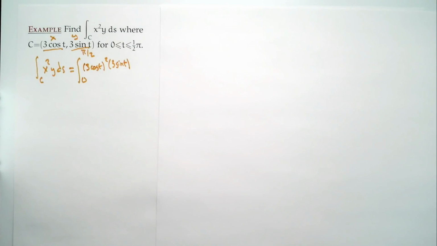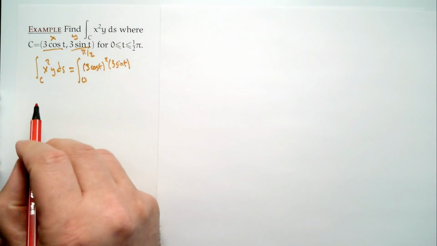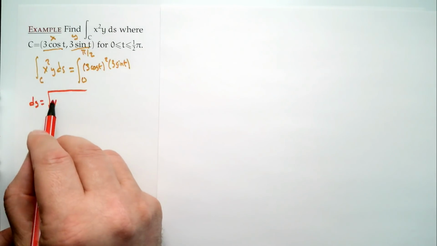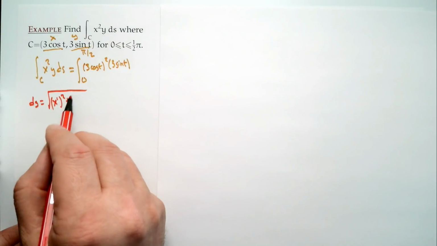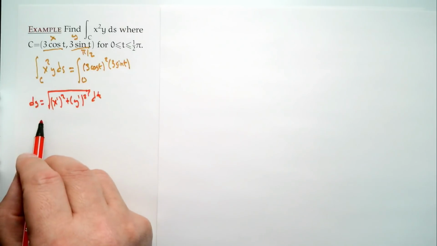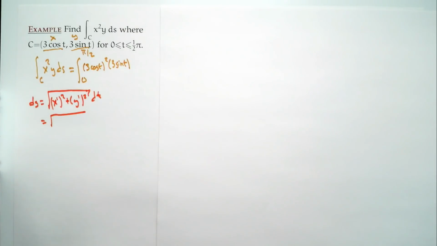Now the other thing is the ds. Well, maybe we should do that on the side here really quickly. So ds is going to be the square root of x prime squared plus y prime squared dt. So what is the derivative of 3 cosine t?